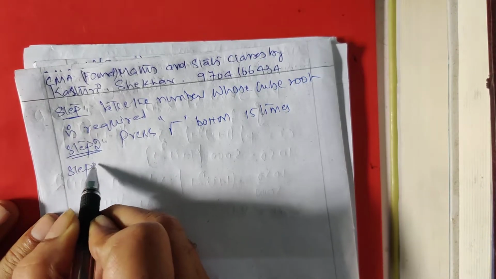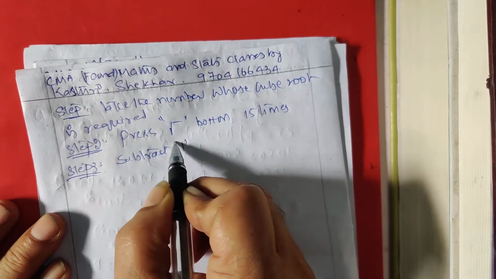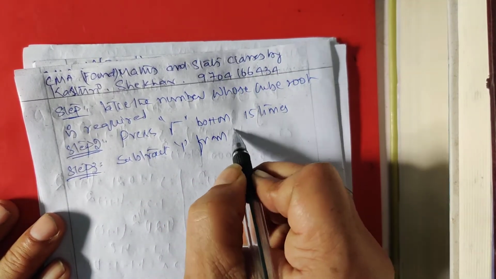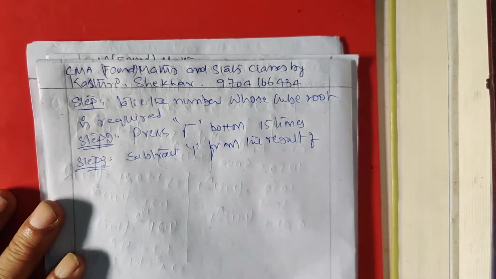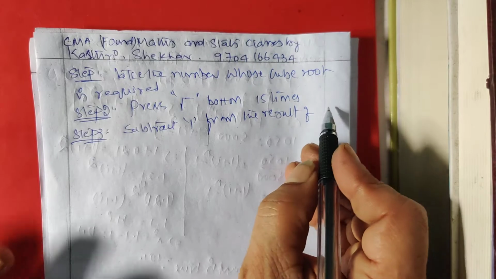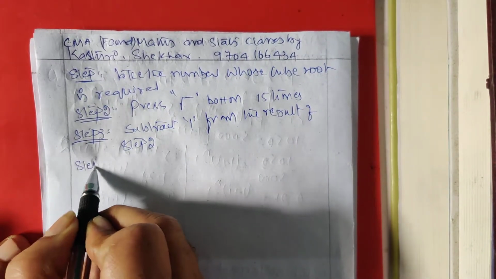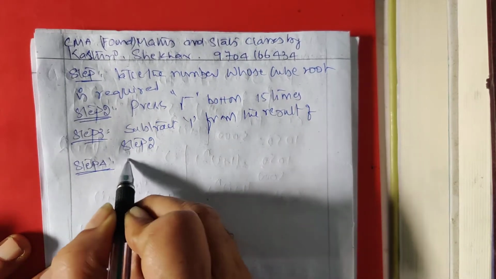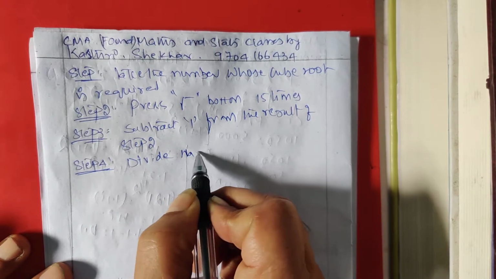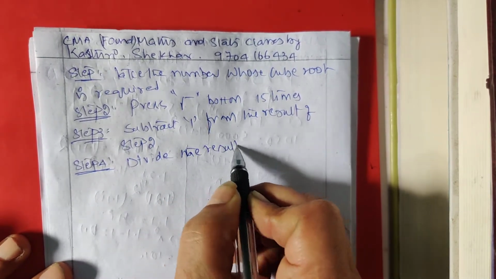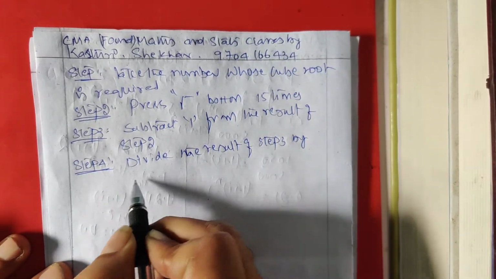Step number 3: subtract 1 from the result of step 2. Step number 4: divide the result of step 3 by the order of the root.